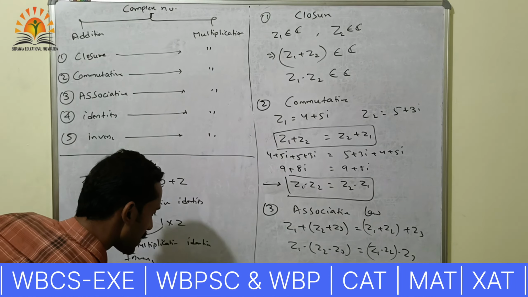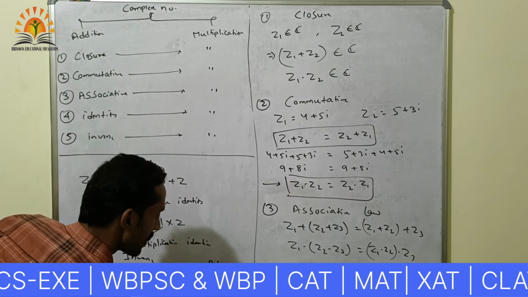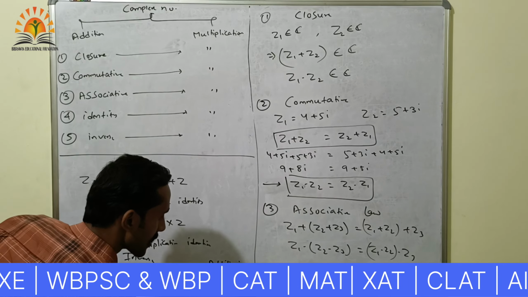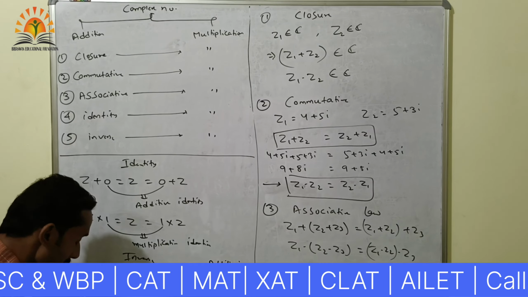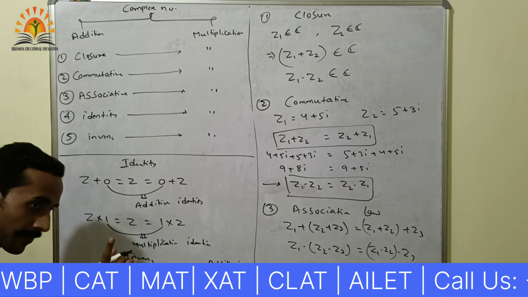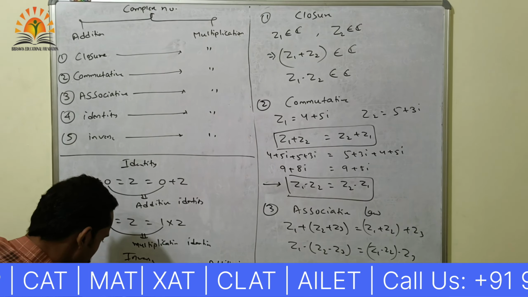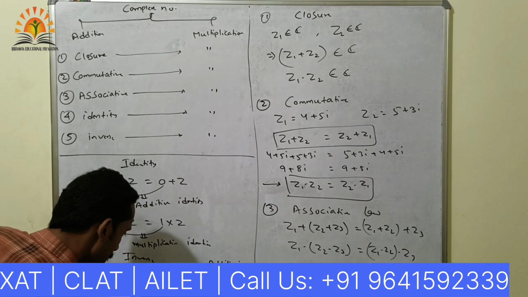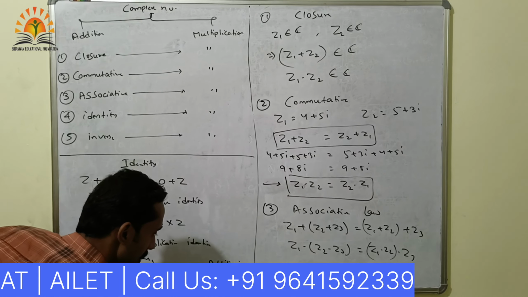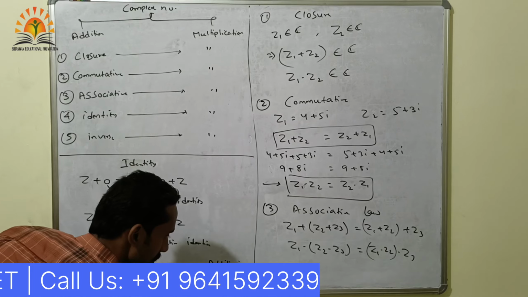We can say that minus Z is the additive inverse. Understood? And if I divide Z by Z, it becomes 1. So Z multiplied by Z inverse is equal to 1, and Z inverse is known as the multiplicative inverse.